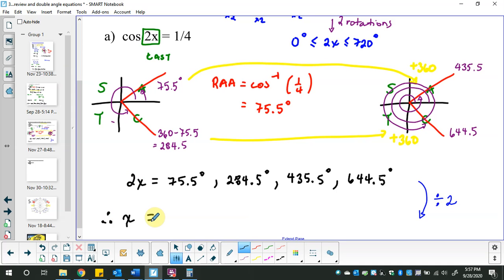You should be able to not see it and get an answer just fine. So the first one to 1 decimal place will be 37.8 degrees. Next one, 284.5 divided by 2.